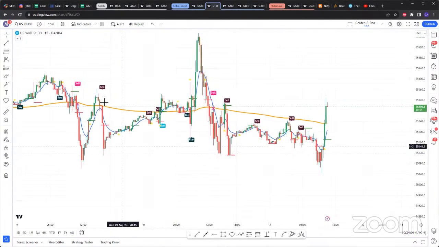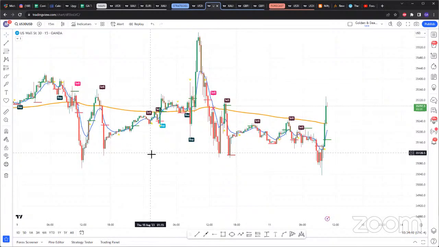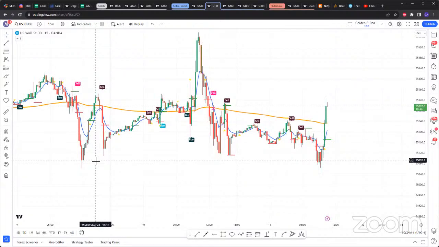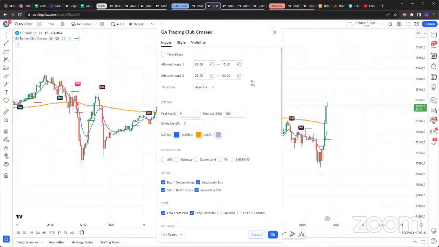But always remember, even with the parabolic strategy, the kryptonite, the downfall to any of my strategies is a consolidating market, and sometimes news. So you want to avoid trading consolidating markets, which is why in every indicator that I give you guys access to, I've also added a time filter.